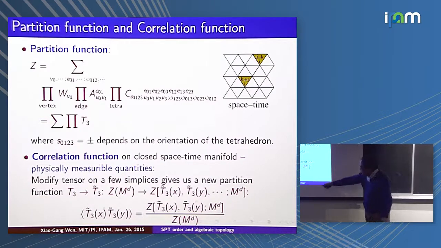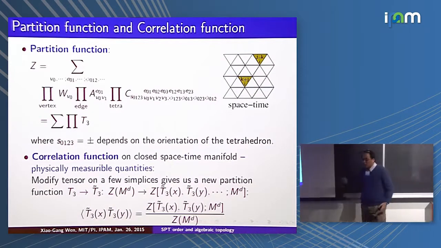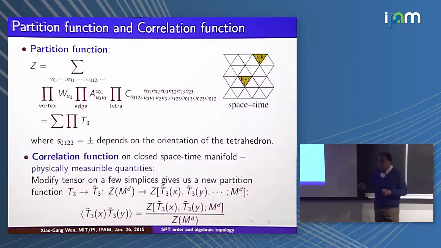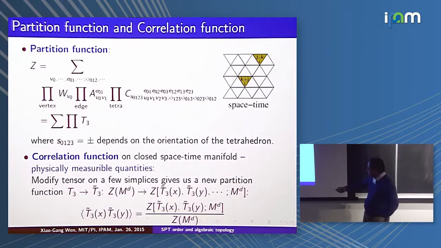This is the correlation function of the modified tensor. This is where the formulation is linked to physical experiments, because experiments can measure these correlation functions. Once you have a Lagrangian-type model like that, you can compute the correlation function and perform neutron scattering experiments to measure those correlation functions.